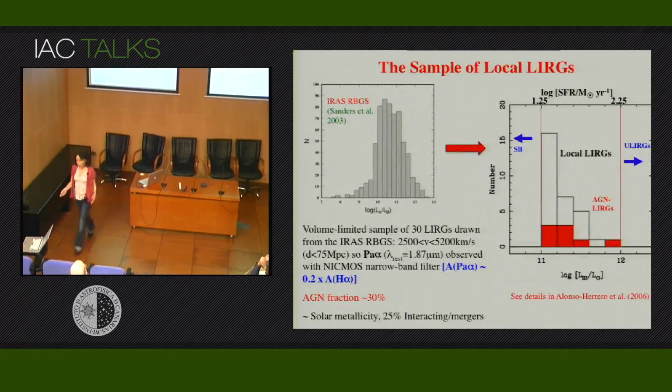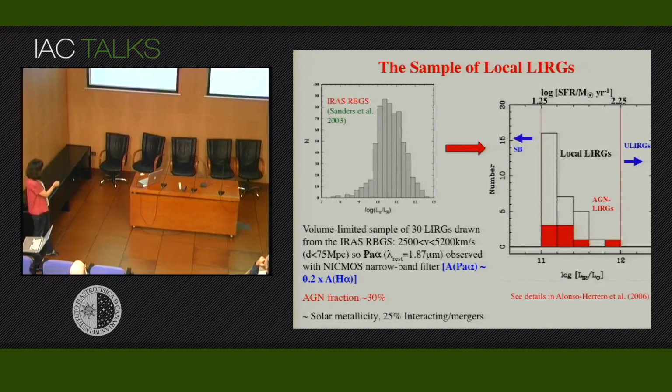So what we did, we selected from the IRAS Revised Bright Galaxy Sample, which is just based on the IRAS data, a sample of LIRGs. Basically, we just set the infrared luminosity to be between 10^11 and 10^12. The first thing we wanted to do was to observe them using the Paschen alpha emission line in the near infrared.